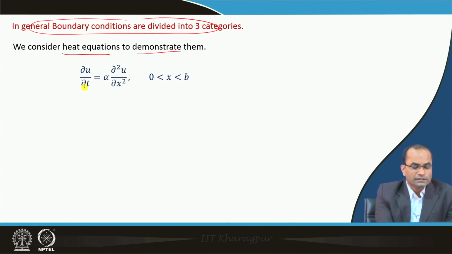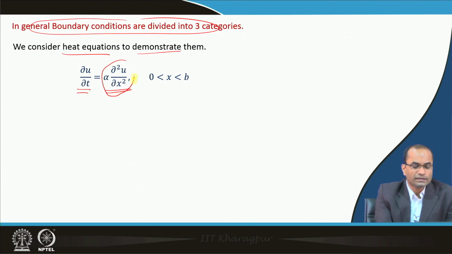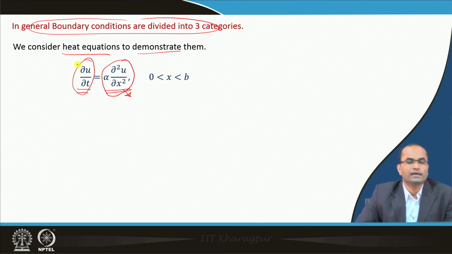We consider the heat equation del u over del t equal to some constant alpha times del 2 u over del x square. Here we have a second order derivative in x, so we need 2 boundary conditions with respect to x, and since we have del u over del t, we need one initial condition.